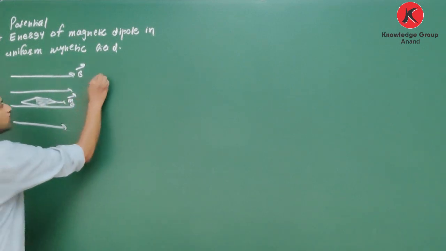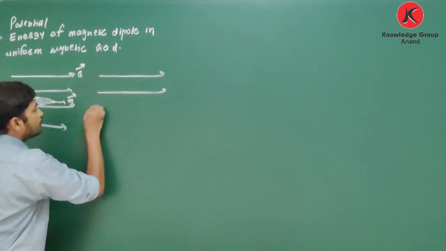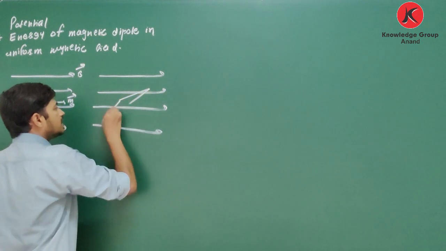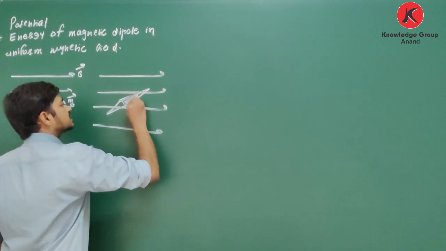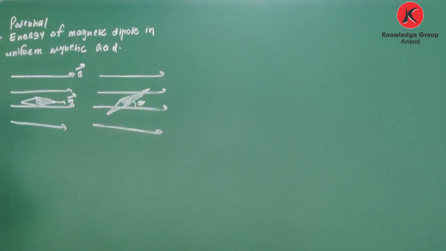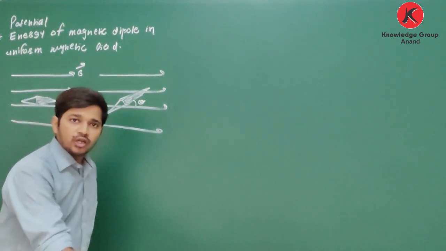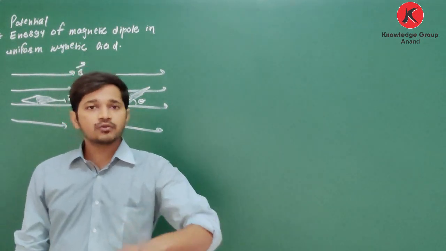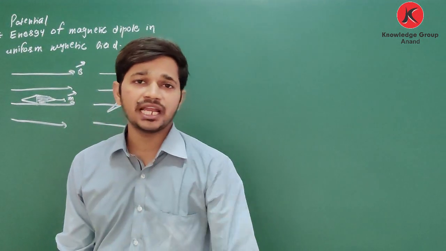And if we want to rotate or displace that needle by some angle theta, obviously against the restoring force we have to do some work. This needle will not move by itself in the upward direction. I have to do that work, and that work is stored as potential energy.